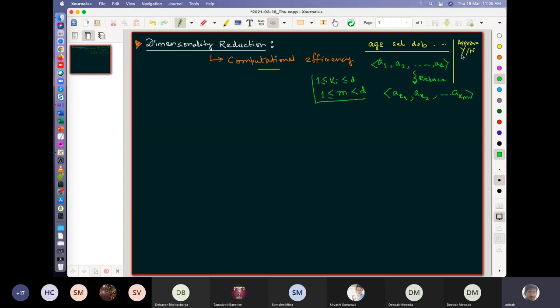As you can see, if I draw a two attribute problem to visualize, suppose this is x1, this is x2, and let us take an example of a clustering problem. I want to cluster data like this.